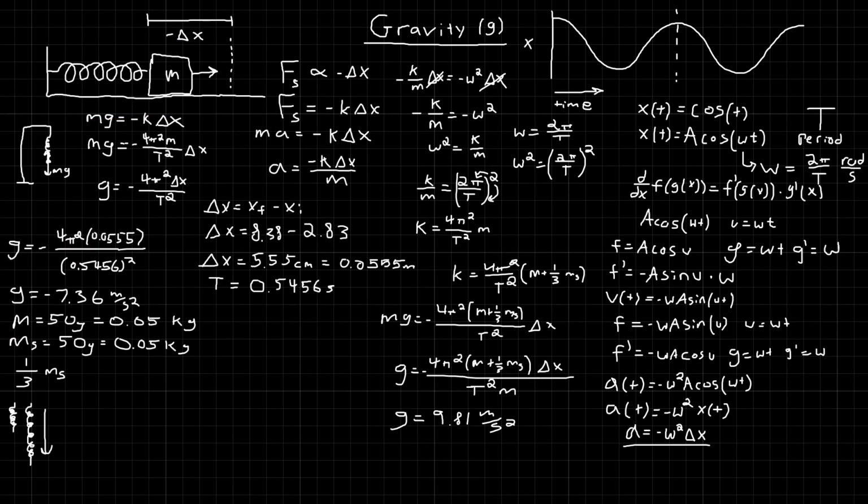That basically shows that this lab was very successful, and there were very few sources of error, and we accounted for pretty much everything that could have happened with the spring, and we got a very realistic value.